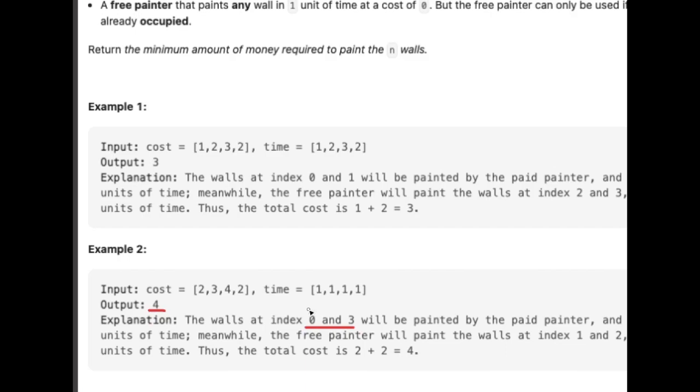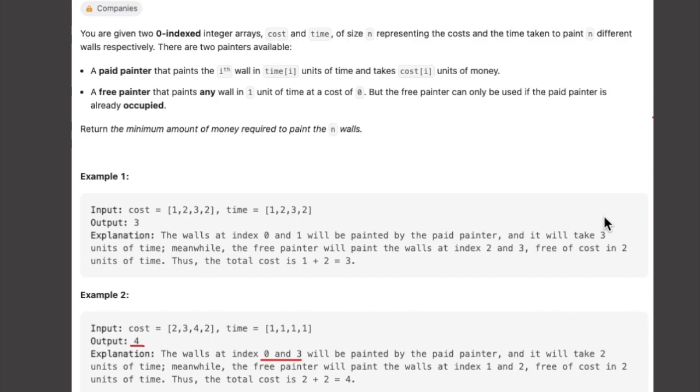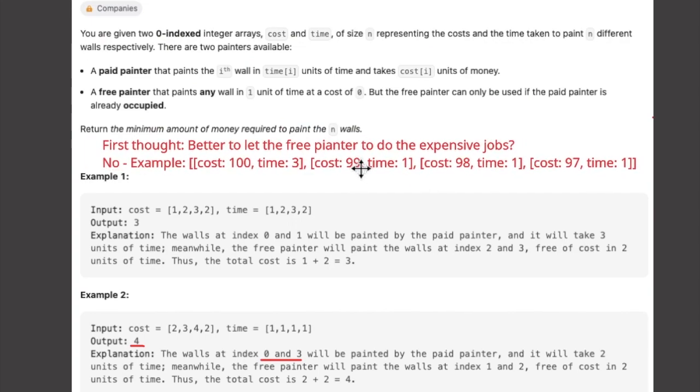So let's think about it. Let's try to solve this problem together. The first thought is that, isn't it always better to let the free painter do the expensive job, so we can try to do it greedily? No, let's take a look at this example actually.